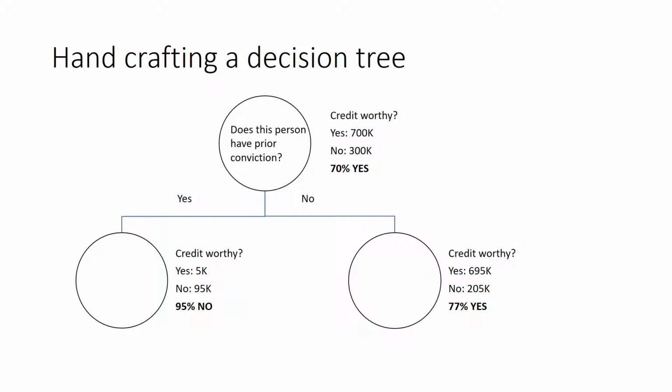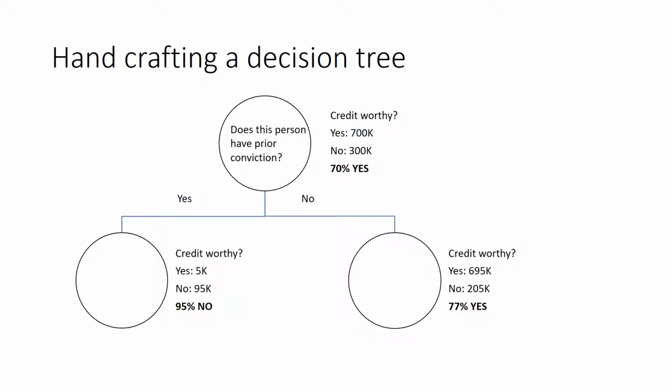On the yes side, I have only 100K people, as we had discussed earlier, and 95% of them are unworthy of receiving credit. So yes is 5K, no is 95K, which means this distribution is overwhelmingly no, 95% no. So 95% of people in this population are not worthy of receiving credit.